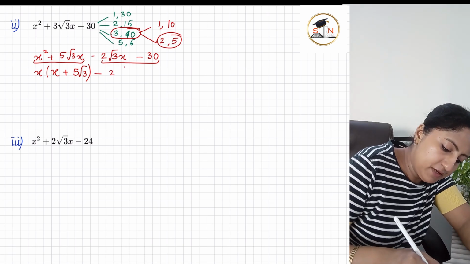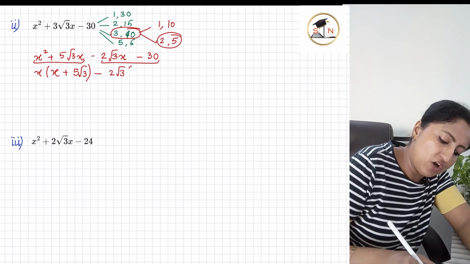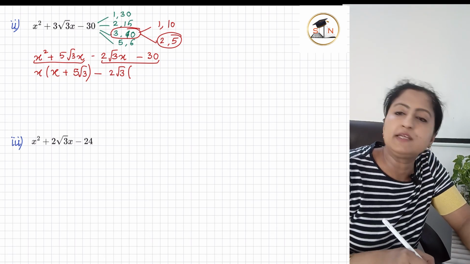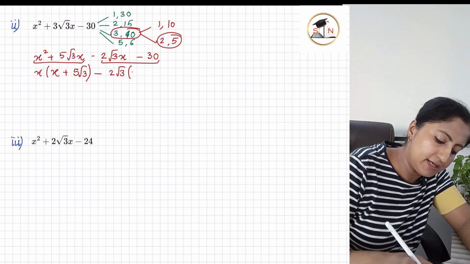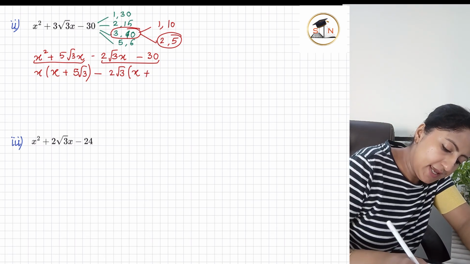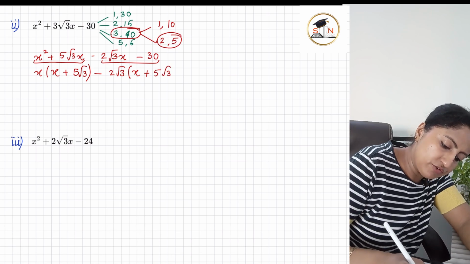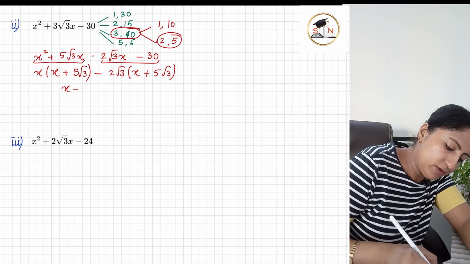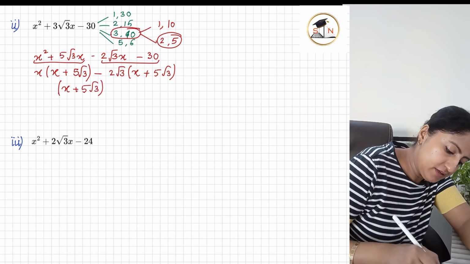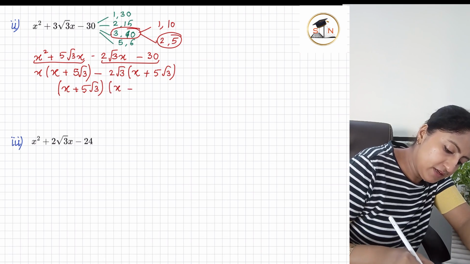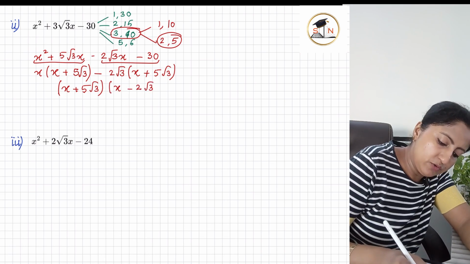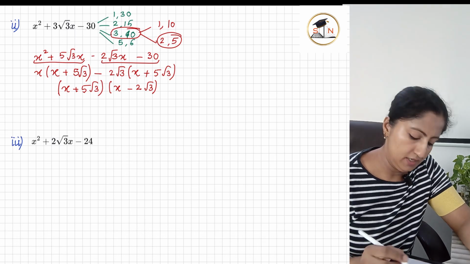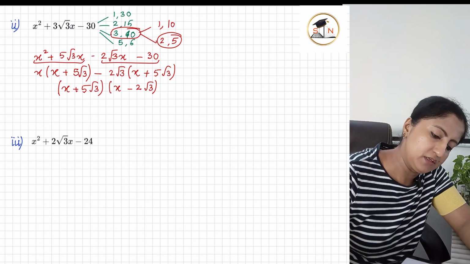Now, I am left with 2 root 3 as a common factor from the second group, minus 2 root 3, because both the terms are negative. So it becomes x plus 5 root 3. And therefore, the factors that I'm getting finally over here are x plus 5 root 3 times x minus 2 root 3.